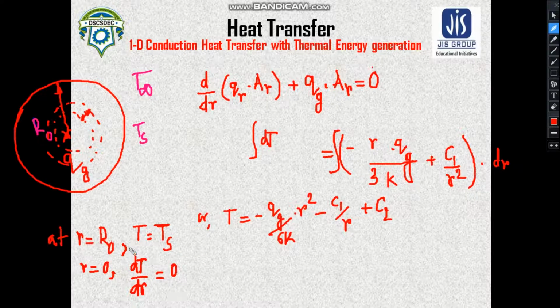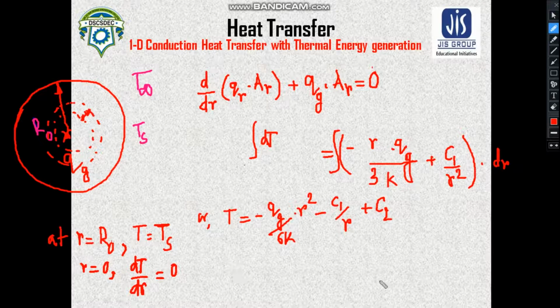Now applying this second boundary condition, we can find that c1 would turn into 0. Okay, this is very easily identifiable, that c1 would turn into 0. So no need of calculating this dT/dr.